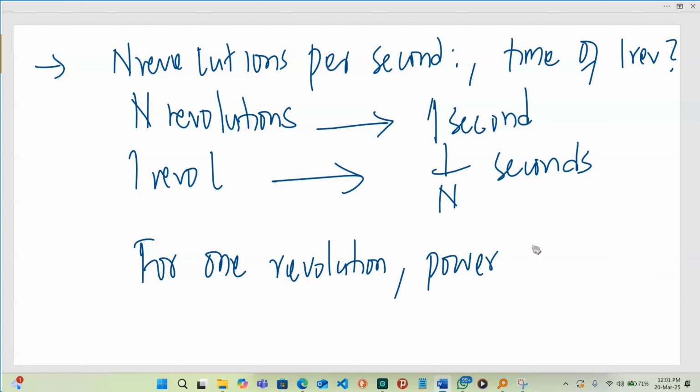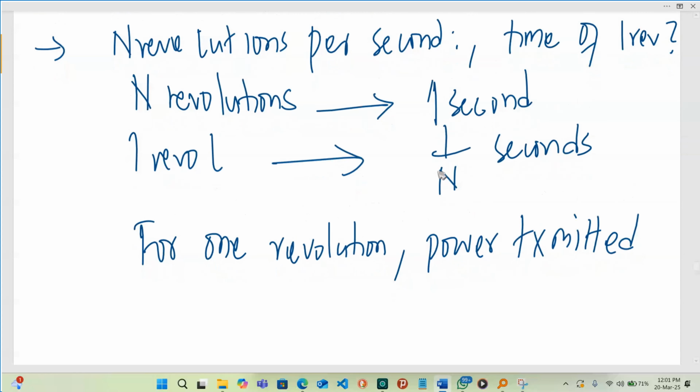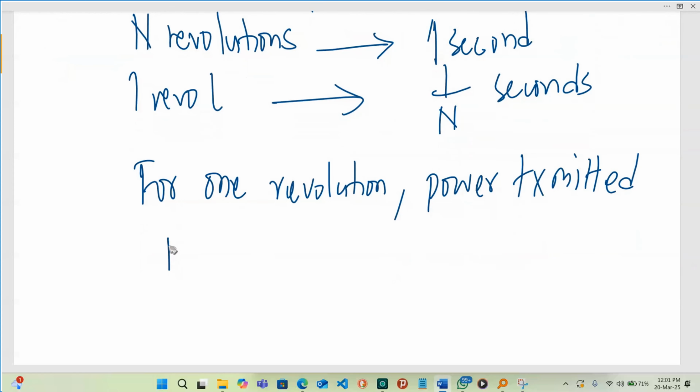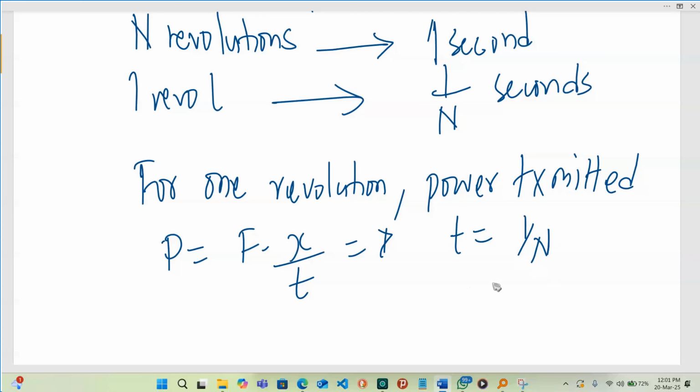So for one revolution, the power transmitted would be, remember we have power equal to F times X out of T. We have already seen that for one revolution we need 1 out of n seconds, so T will be 1 out of n, and X will be 2πr, because it is one revolution.